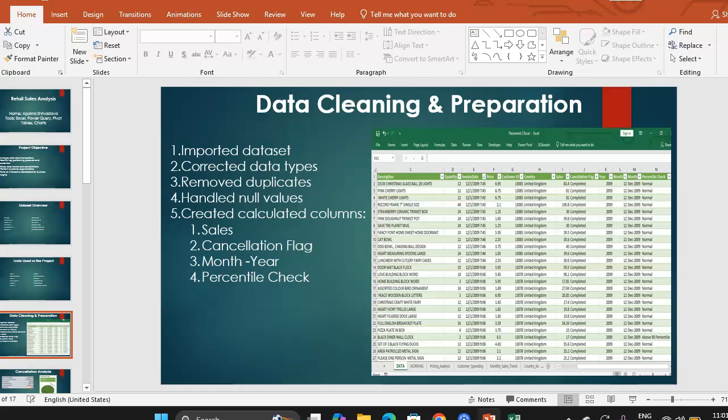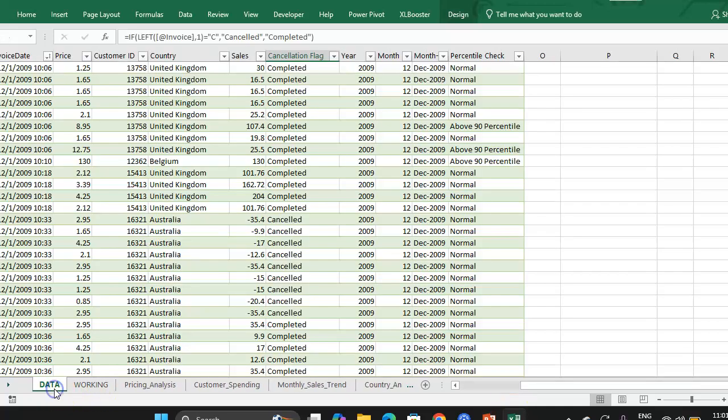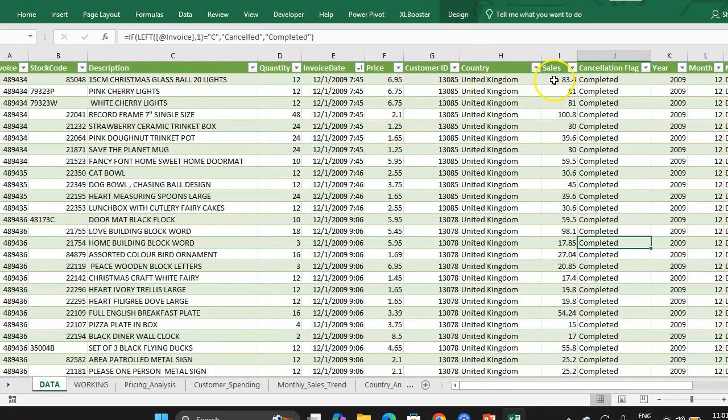Next, I created a total sales column by multiplying quantity and unit price. This sales column, quantity multiplied by price, was later used in revenue calculation.